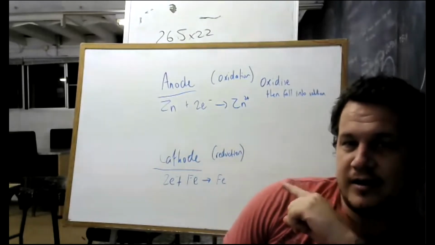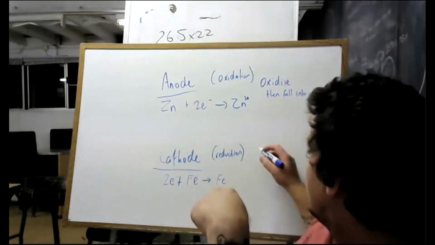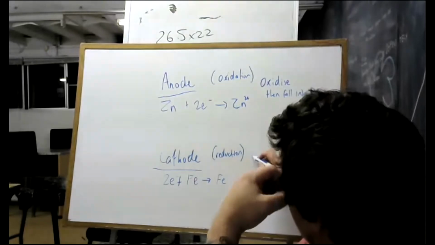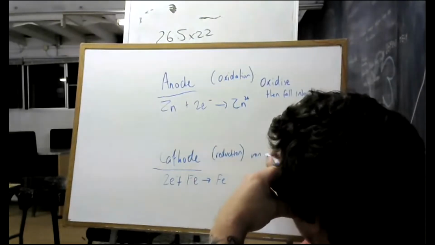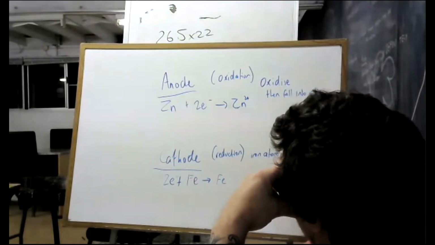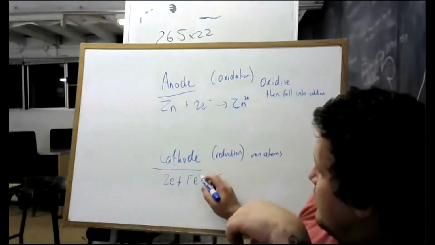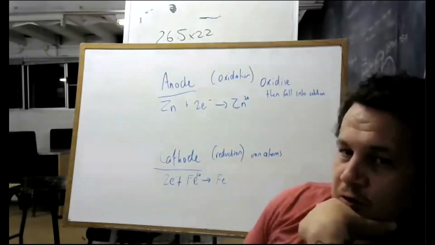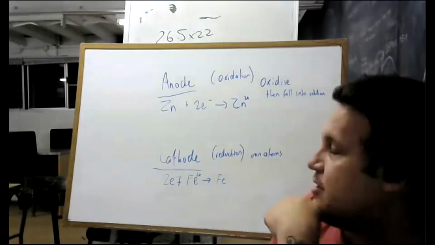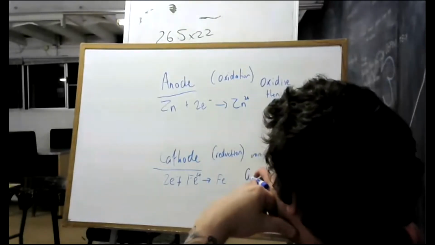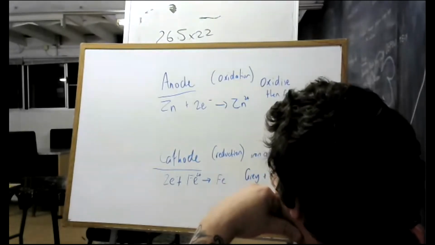On the cathode, we have iron atoms being reduced from iron 2+. So that's why it looks kind of gray and dull, because you've got iron being deposited.